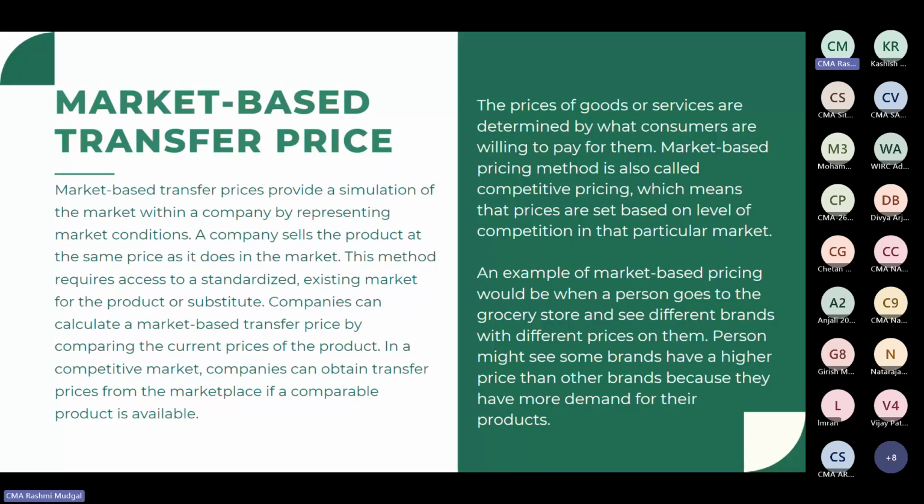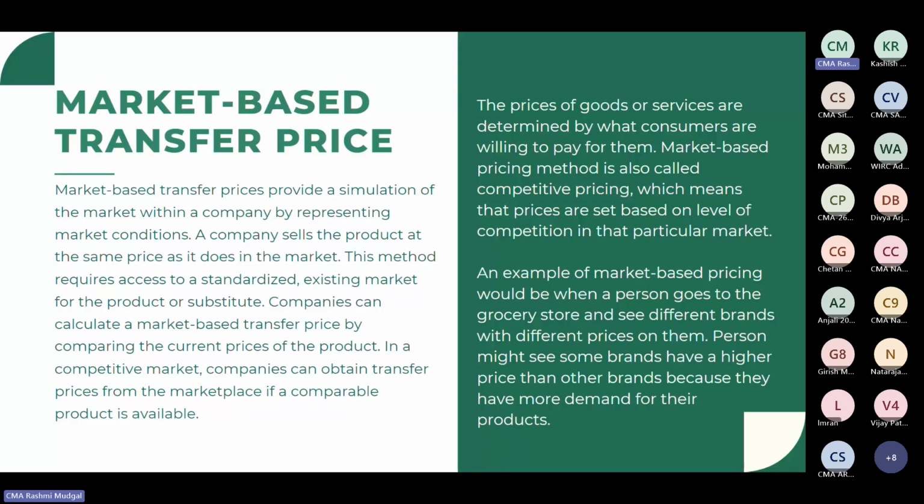The prices of goods or services are determined by what consumers are willing to pay. This is the situation here. The market-based pricing method is also called competitive pricing, where every consumer can make or break the price, where demand and supply play a very good role.